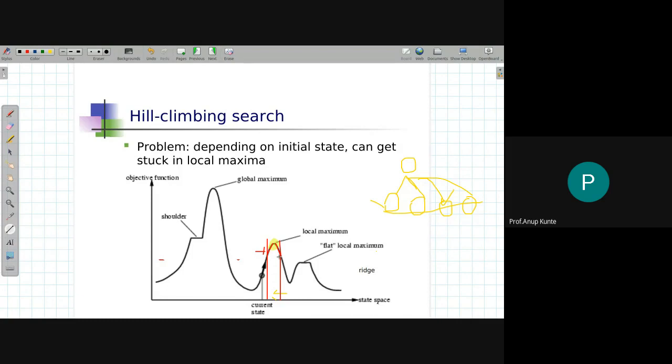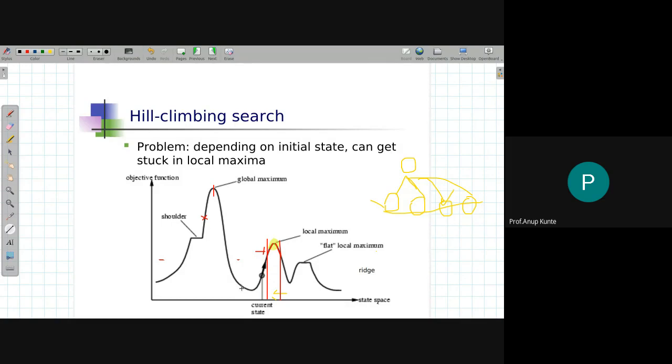This will happen at every local maxima. If you luckily happen to start your search from, say, this spot, the local maxima here is actually the global maxima, and you will reach the global maximum node. That's for sure. That is what we are learning by looking at this state space landscape.